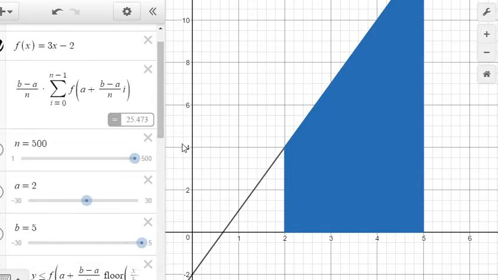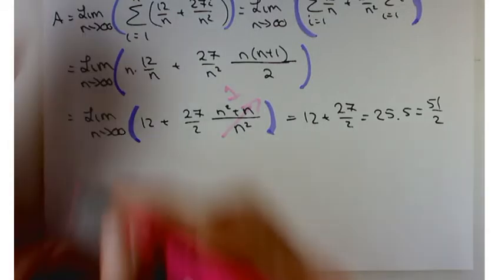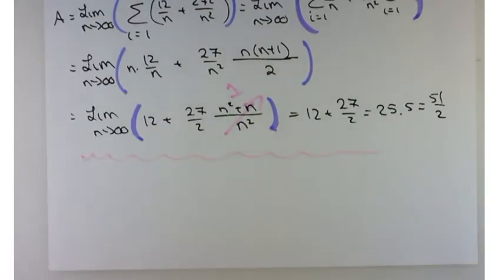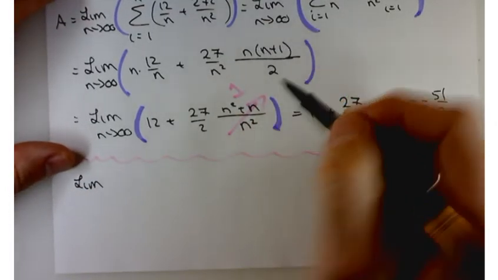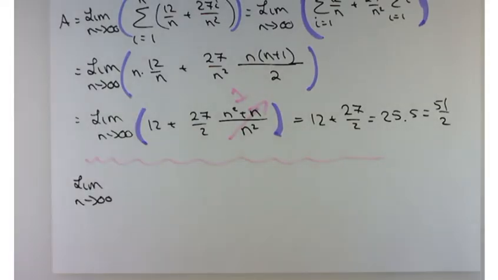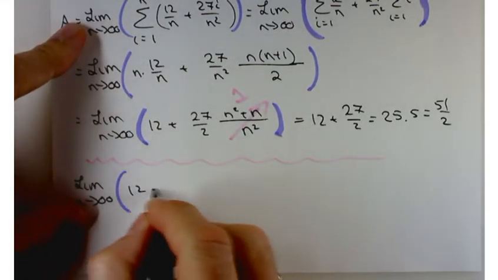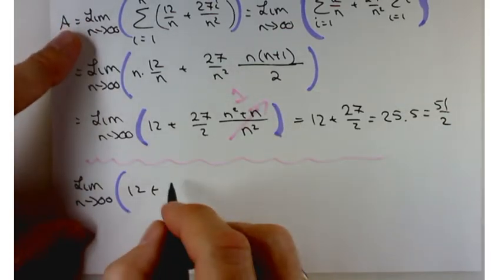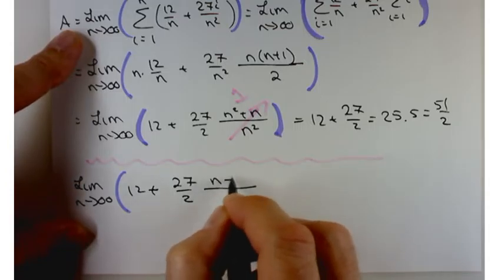Sure. Let's look back at that and cancel out those n's. Let me rewrite this then. So jumping down from here with the cancellation of the n's, it'd be the limit as n approaches infinity of 12, because those still cancel, plus, if I canceled one of these n's, I'd be left with 27 over 2 times n plus 1 over n.